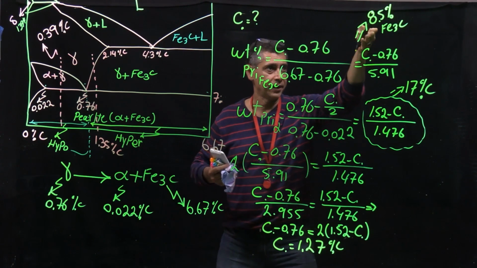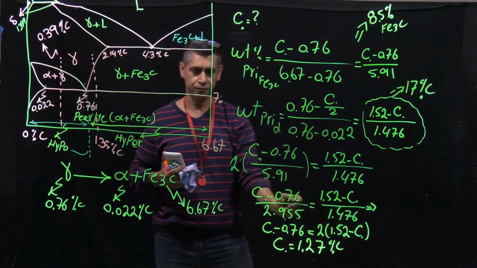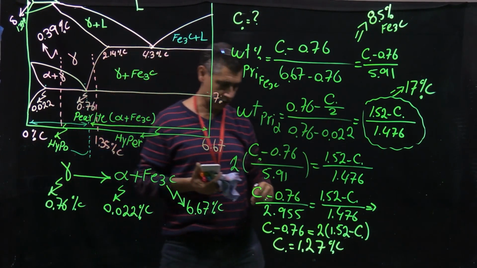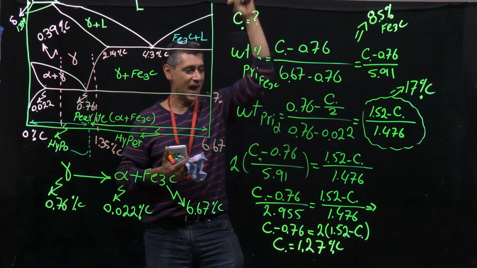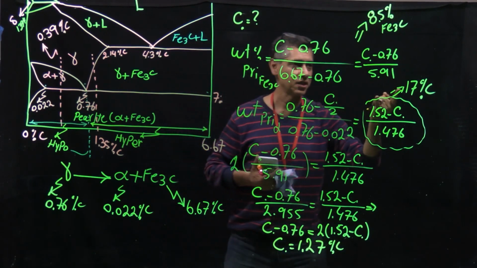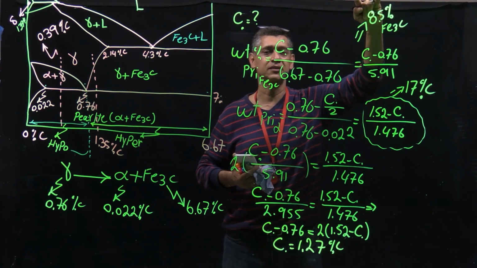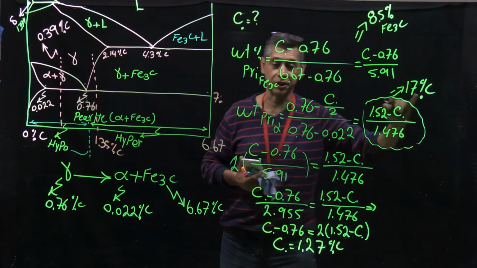Wow. I reduce the carbon content from 1.27 to half, which is 0.635, and I increase my primary phase twice. Used to be 8.5% and now it's 17%.